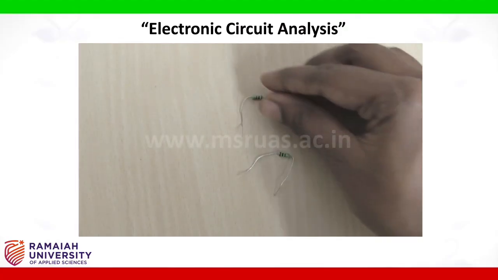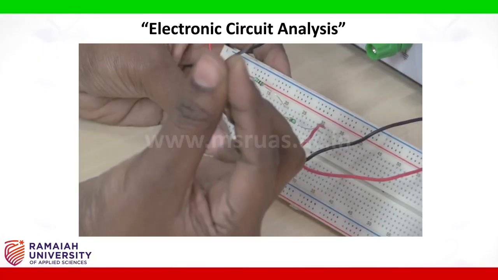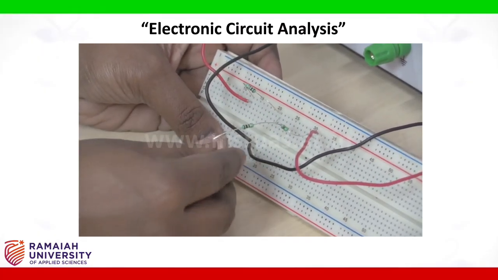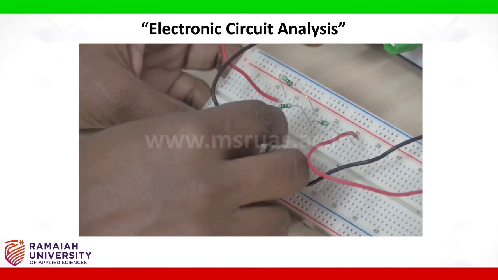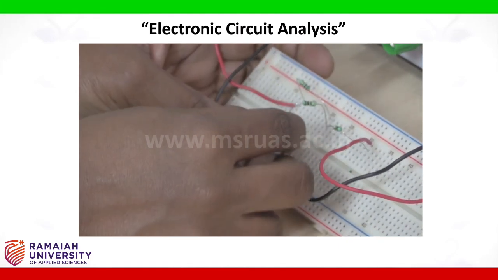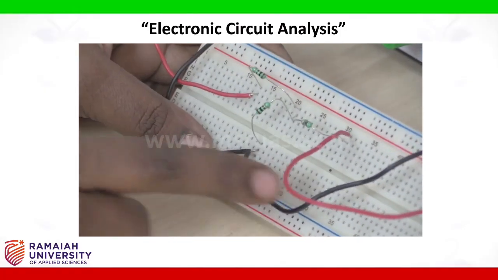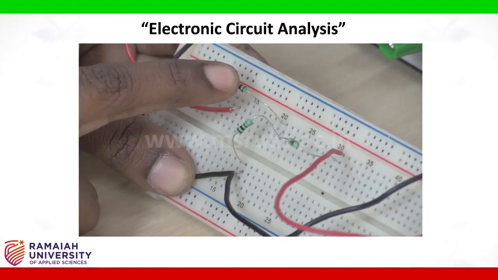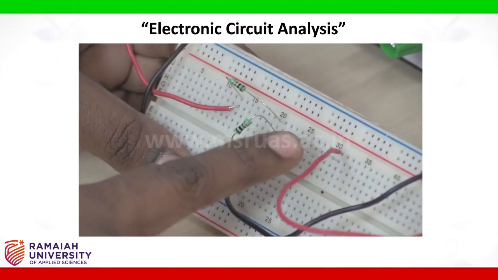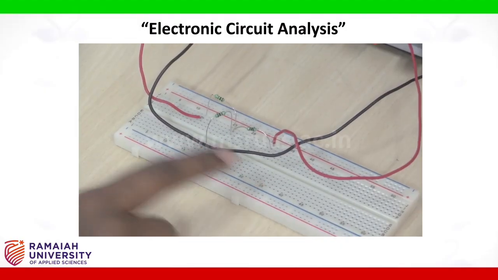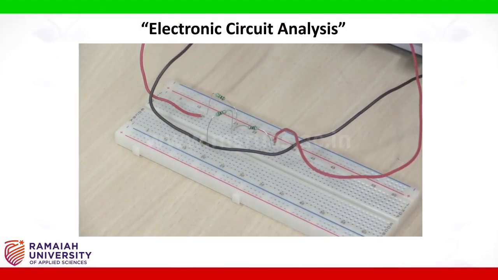Take one more 1 kilo ohm resistor, connect from this joint of resistors to negative supply, negative terminals of both the sources. So resistor 1, resistor 2, resistor 3. Connections for superposition theorem are completed.